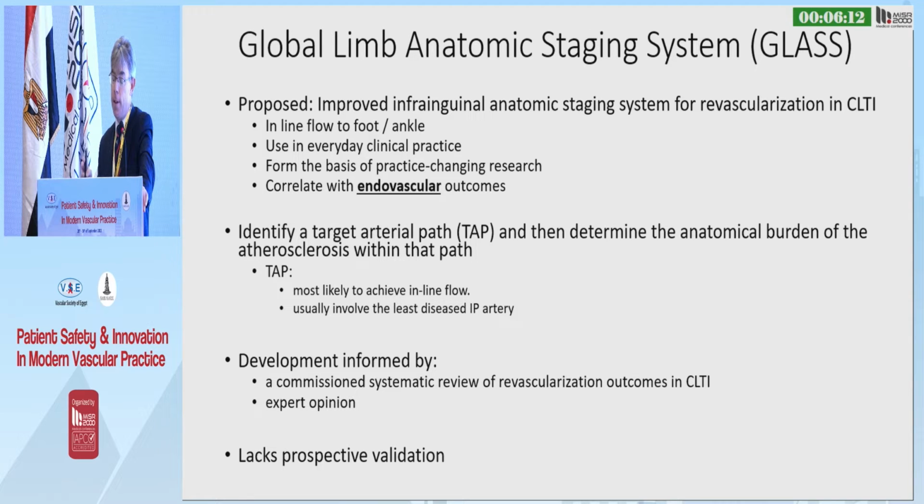The aim of GLASS was to identify a target arterial path, and then through that path, determine the burden of atherosclerosis. The TAP was the path most likely to achieve inline flow down to the foot, and it usually involved the least diseased infrapopliteal artery.